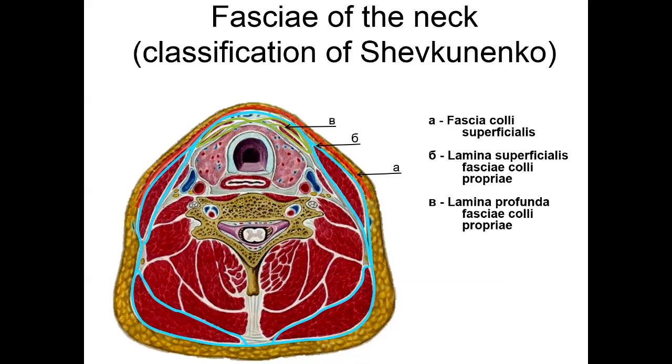What is it? It's lamina profunda fascia colli propria. Lamina profunda fascia colli propria of green color. And very important that we can find it only from the anterior.